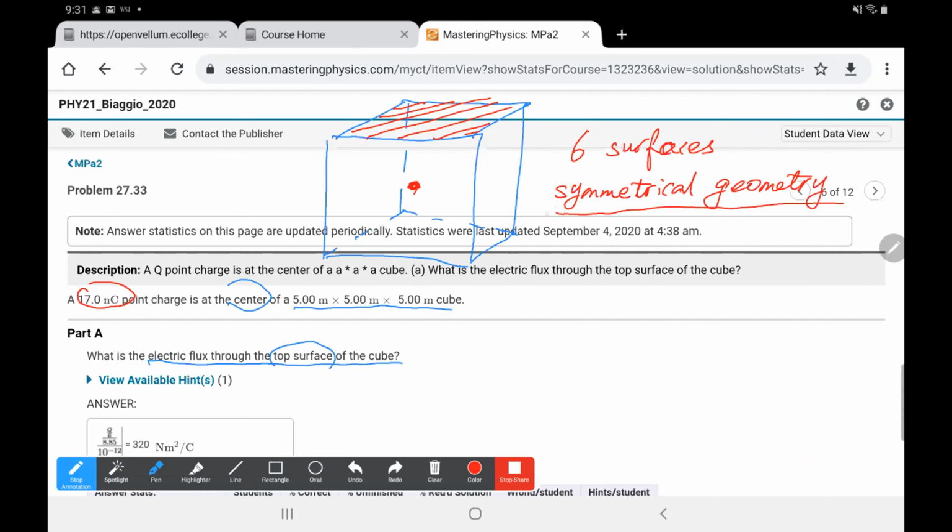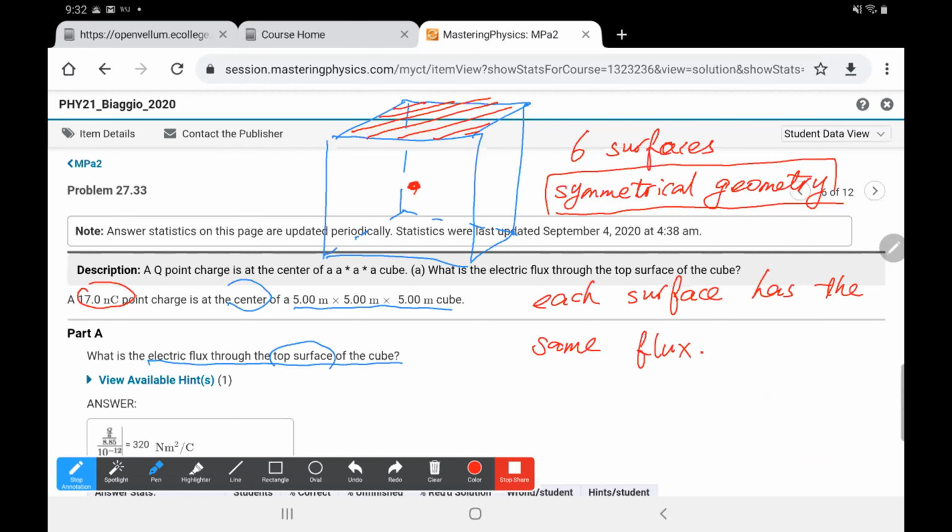Because of geometry, this geometry is symmetrical, so each surface has the same flux. If this is true, we can calculate the total flux.